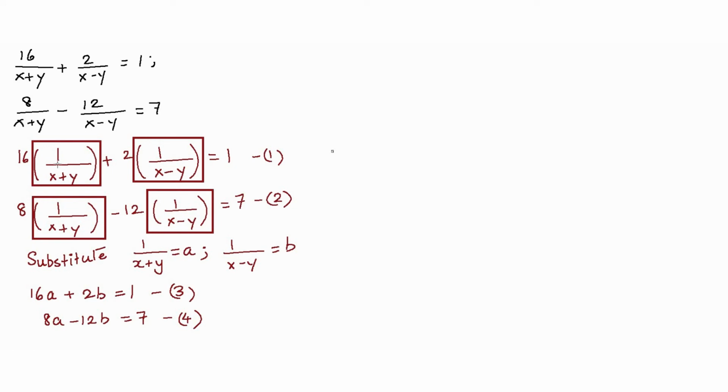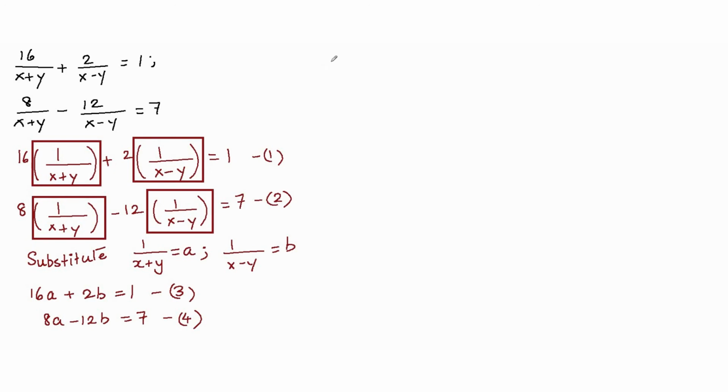So 1 by x plus y was substituted as A, so I got 16A and 8A, and 1 by x minus y was substituted as B, so this became 2B and negative 12B. Now I'm going to eliminate either A or B and find A and B first.